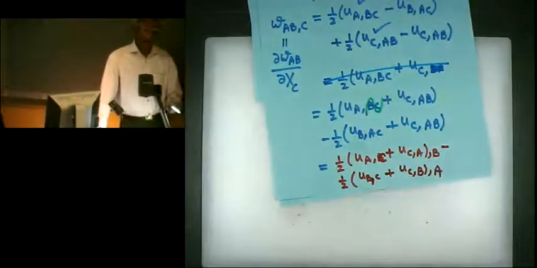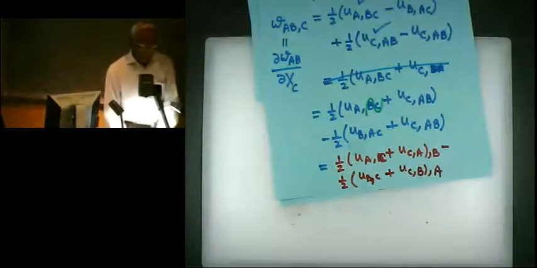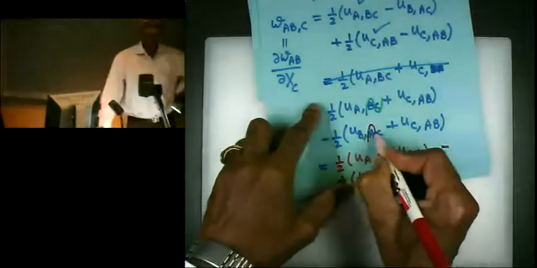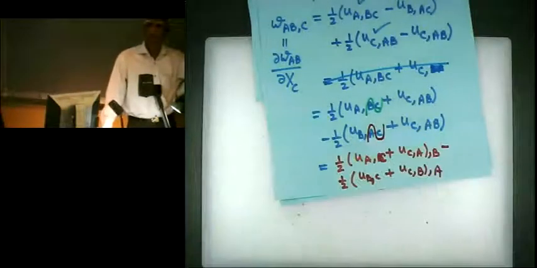So I'm interchanging the derivative. Instead of saying this is AC, I'm writing it as CA. U_B,AC is the same thing as U_B,CA, because partial derivatives commute.